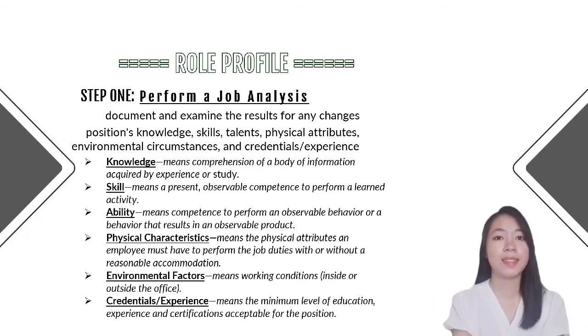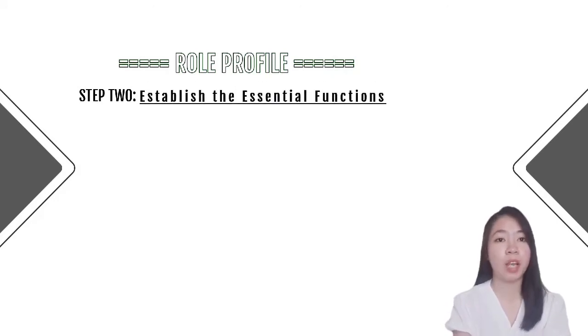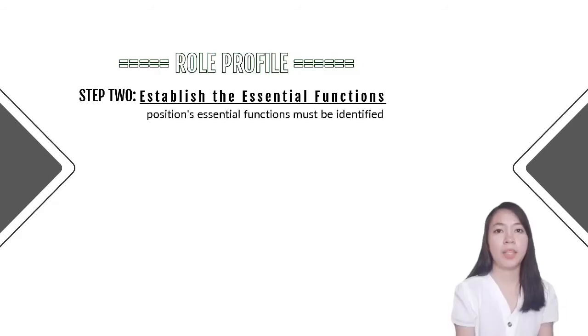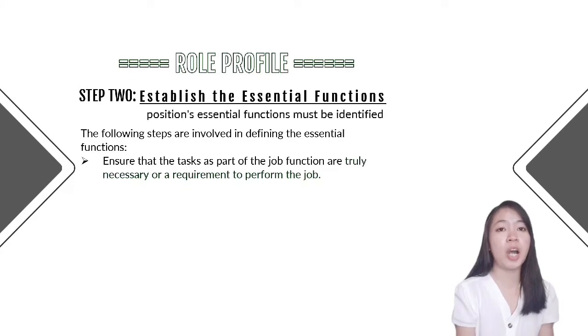Step 2. Establish the essential functions. Once a job performance standard has been established, the position's essential functions must be identified. The following steps are involved in defining the essential functions. Ensure that the tasks are truly necessary or a requirement to perform the job.